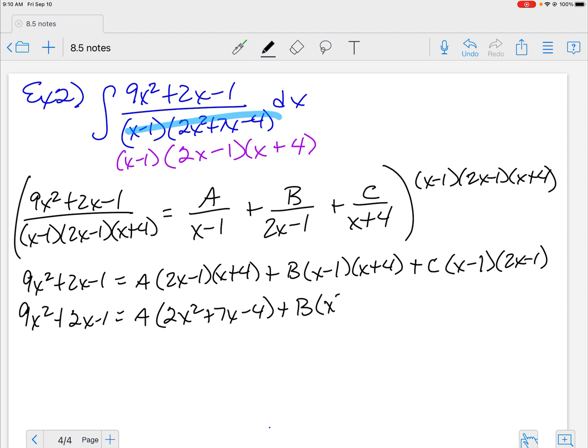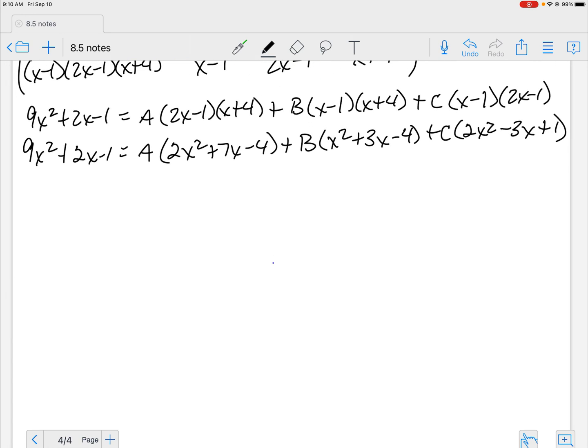If I FOIL this one out, you get x squared plus 4 minus 1 is a 3x, minus 4. And I've got 2x squared minus x minus 2x plus 1. Right? Now distribute that through. I'm going to scoot this up. Distribute that through and combine our like terms.